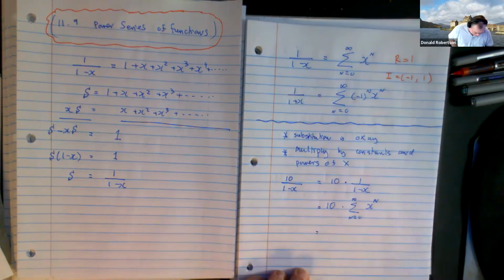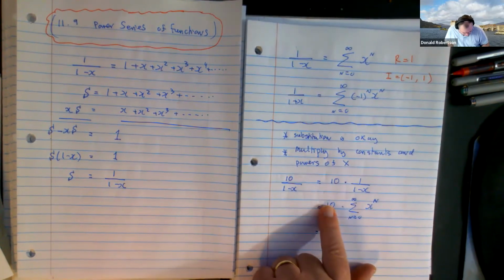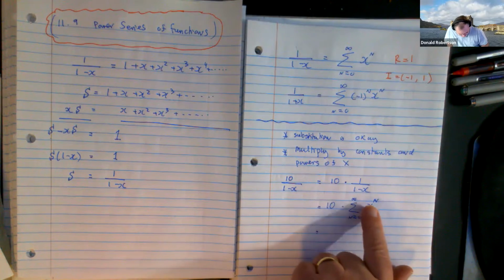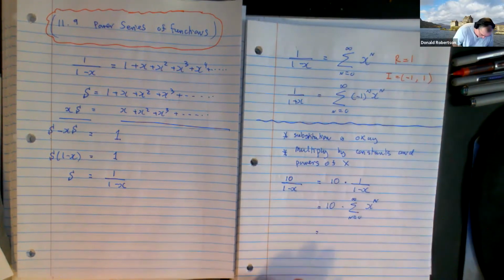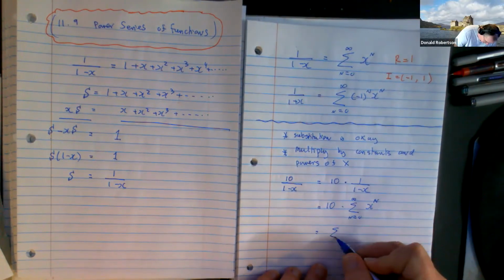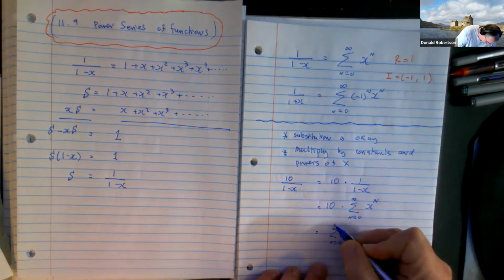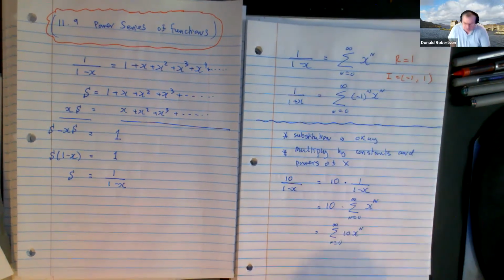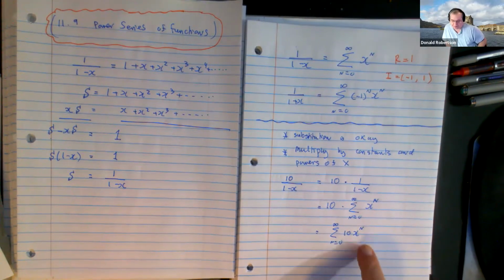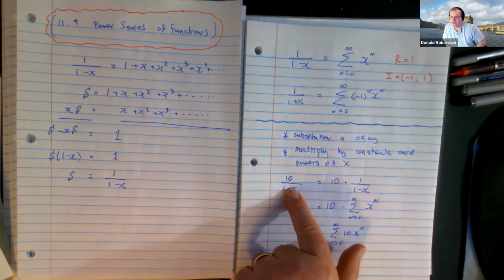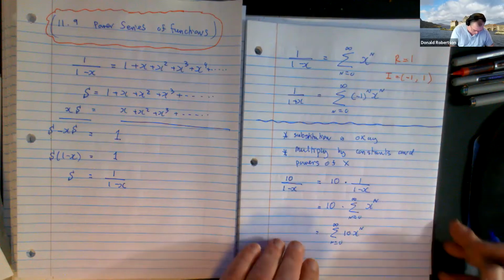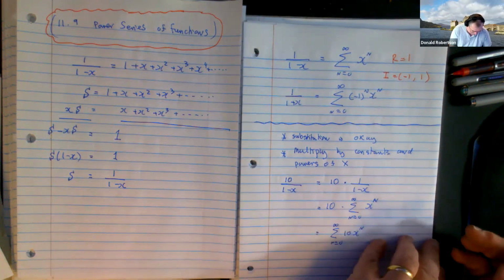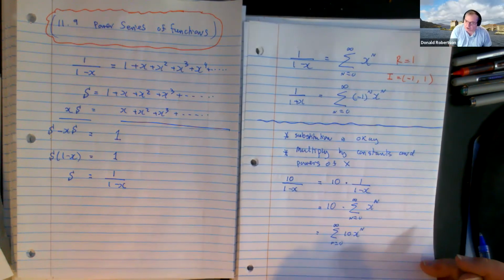And you are allowed to take constants that are outside this sigma and bring them inside. You can also do it the other way around if you prefer. And you will get the sum from n equals 0 to infinity of 10 x to the n. And so there's your power series for that very simple fraction. Are we comfortable with that?